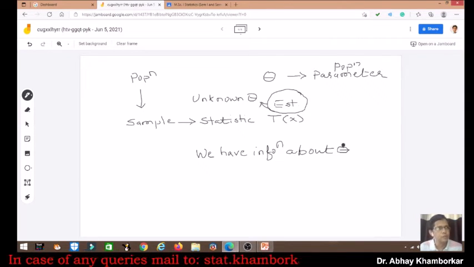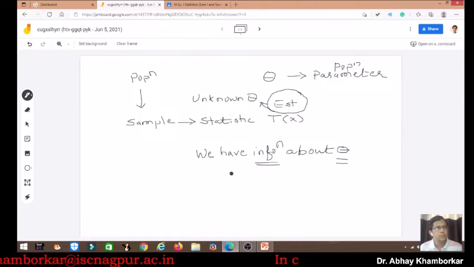That means theta is not unknown, but we have some information about it. Our problem is now totally different. Rather than estimating, we want to check whether this information about the parameter theta is correct or not.